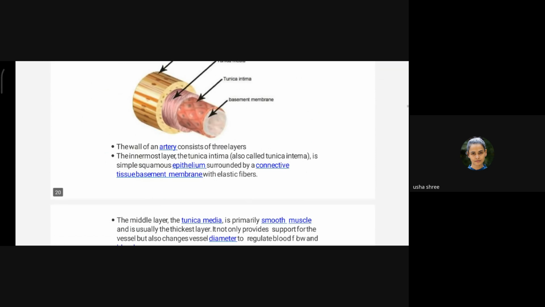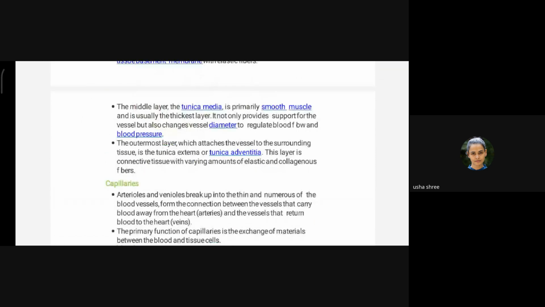Now, the middle layer is known as tunica media. It is primarily smooth muscle and is usually the thickest layer. It not only provides support for the vessel but also changes vessel diameter to regulate blood flow and blood pressure.